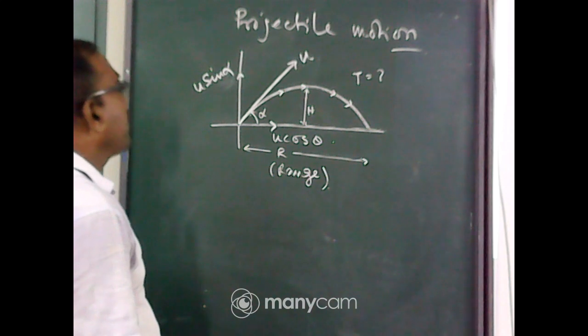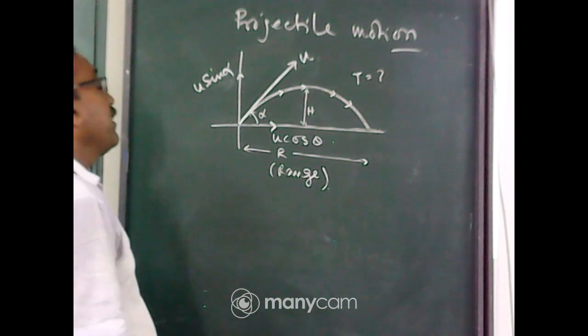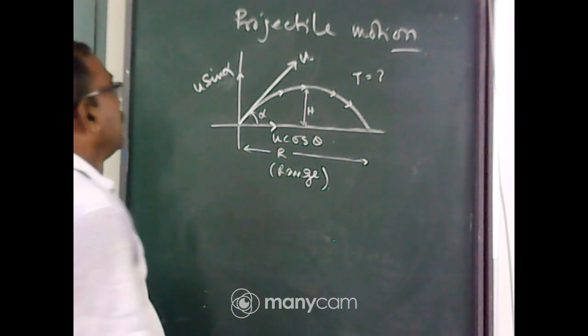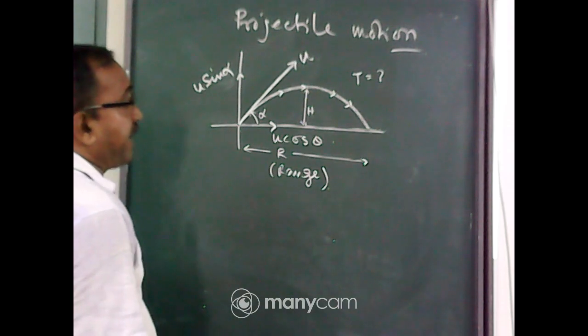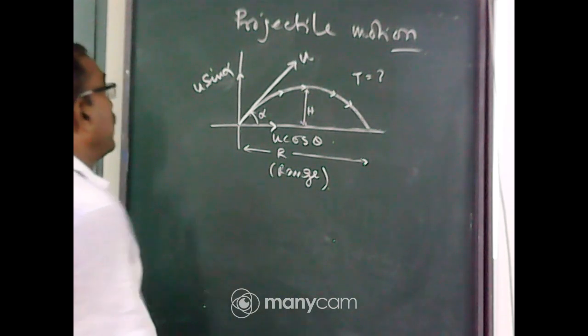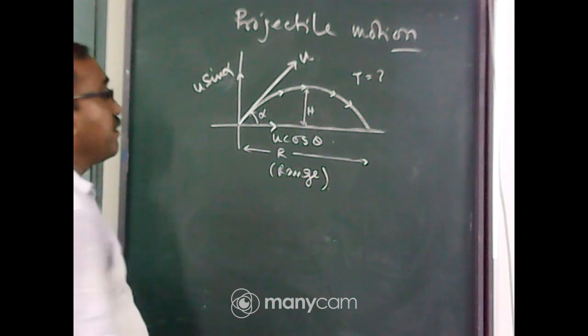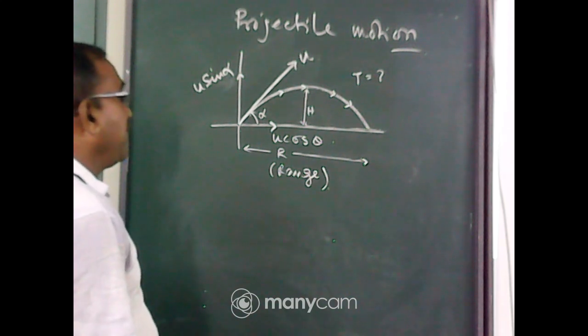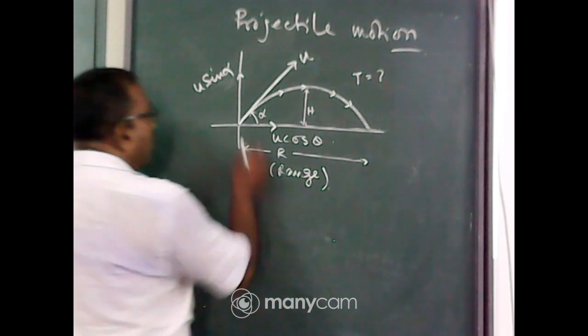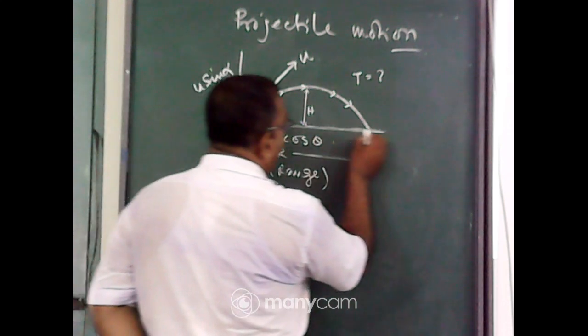My dear student, you check it. And interesting part, what will be the direction of the acceleration in different motion? Am I clear? So, along this direction, no acceleration is there.